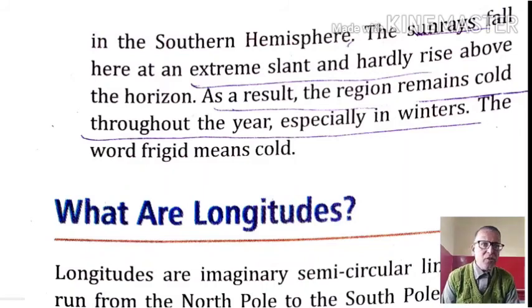And in the frigid zone the sun rays become extremely slant, and as a result there is less heat, and the region remains cold throughout the year, particularly in winters. So in this way we have seen heat zones on the basis of important latitudes, and the sun rays also play an important role in that.